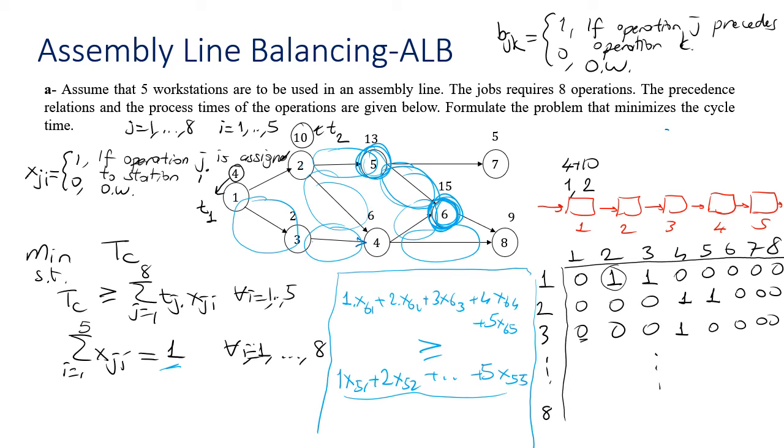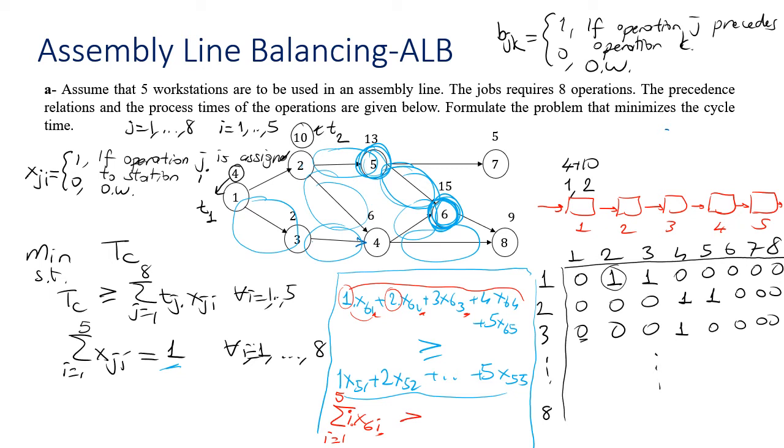Okay, now how can we convert this into compact form? This summation over here, what is it? If I want to write it as a summation, I would say that we are summing over the stations, I from 1 to 5, x6i, right? 6,1, 6,2, 6,3, so 6i. And I'm multiplying each one of them with the index I. So it is I times x6i.